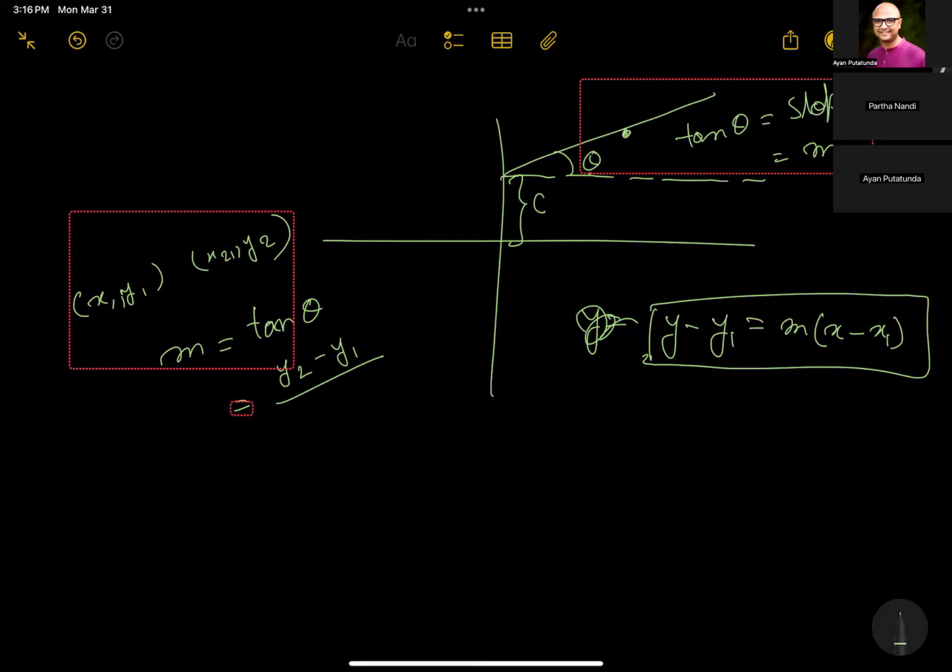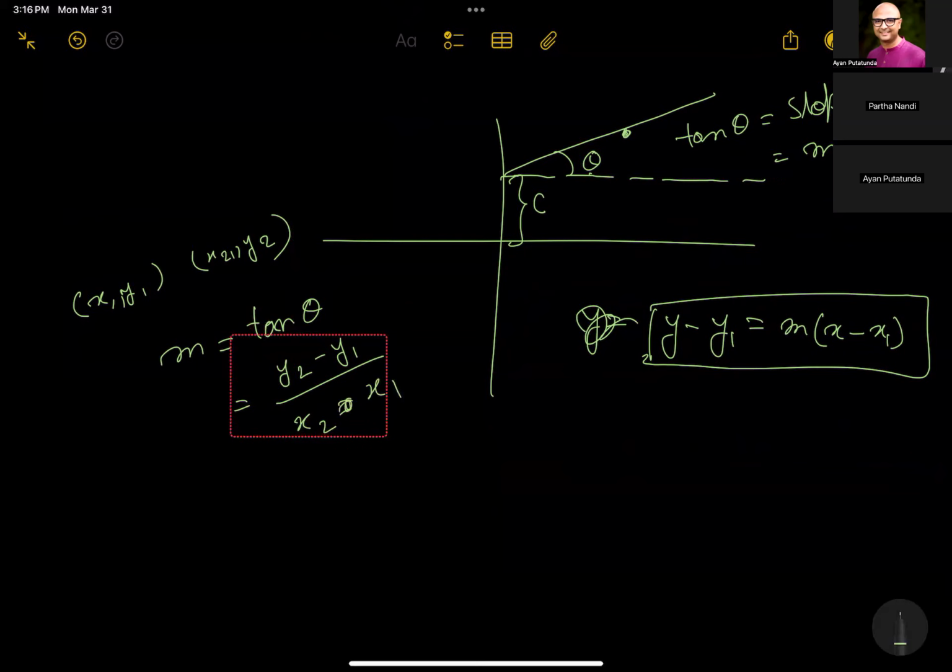If m equals tan theta, then the slope becomes y2 minus y1 divided by x2 minus x1.